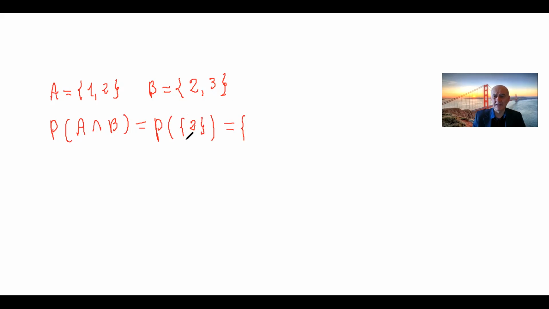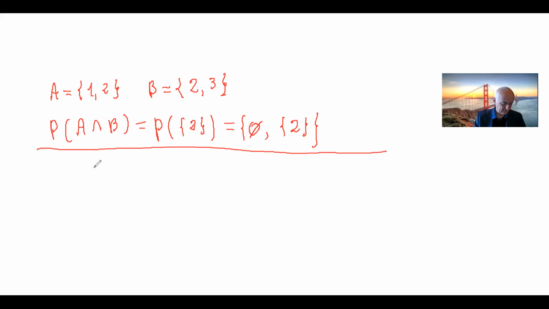And now in the braces, I will write down all subsets of this set. This is a set of one element, so it has two subsets. One subset, you remember very well, is the empty set. And another set is {2}.